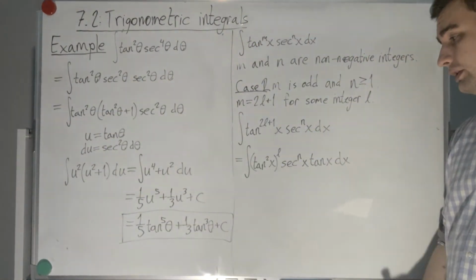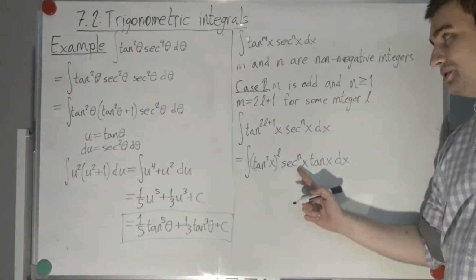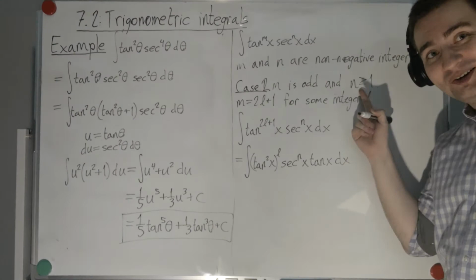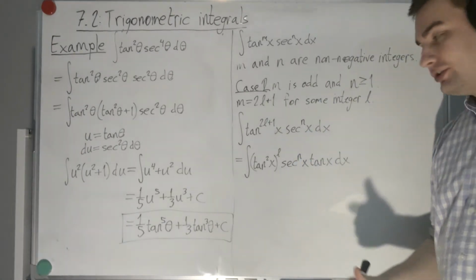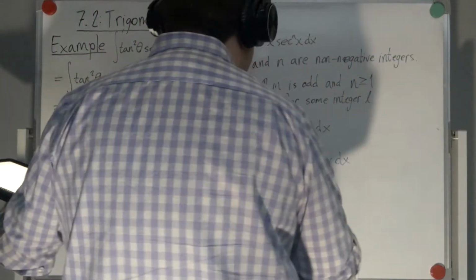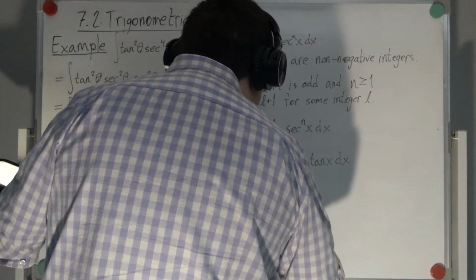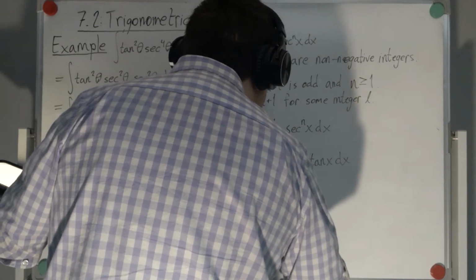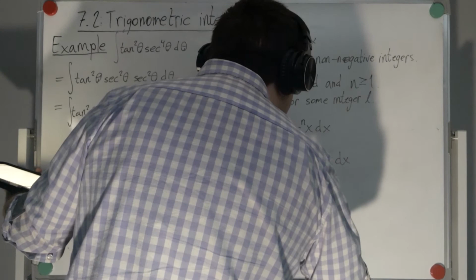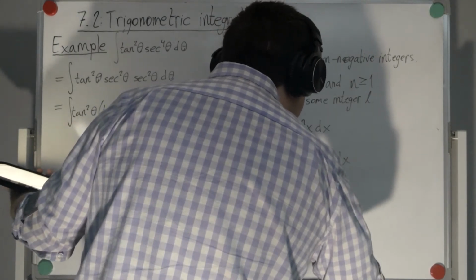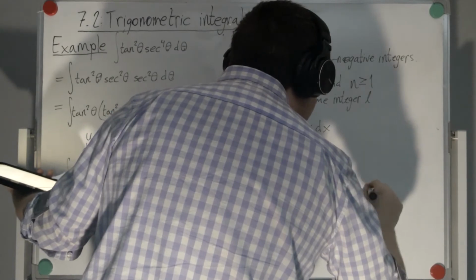And the next thing we're going to do is take exactly 1 power of secant, which we can do because n is greater than or equal to 1, and separate that out too. So what we're going to get here is the integral of tangent squared x to the l, secant to the n minus 1 of x, secant x tangent x dx.